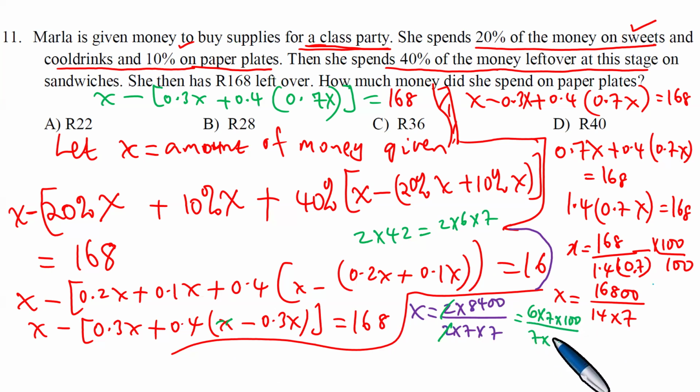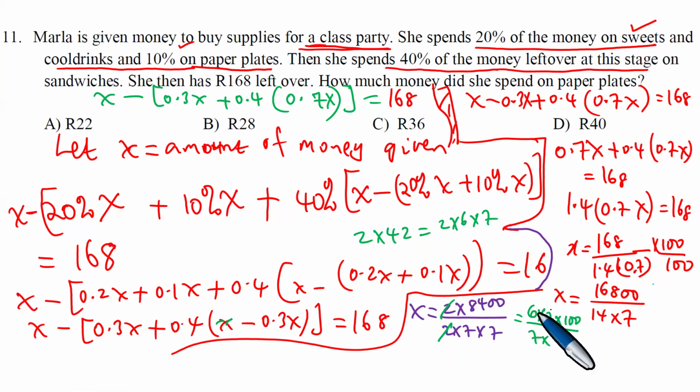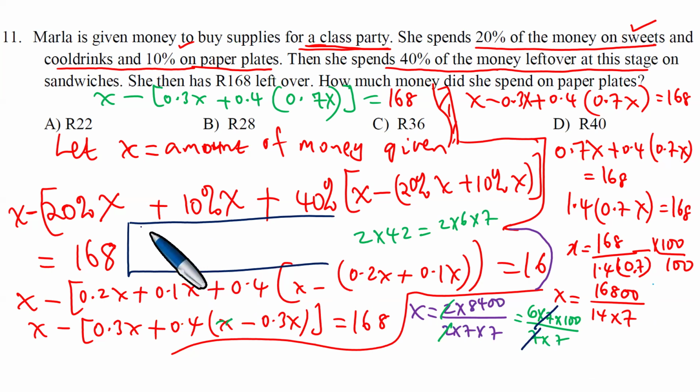You divide by 7 and 7 divides out. Now you have 6 times 100, which is 600. So x is equal to 600 divided by 7.